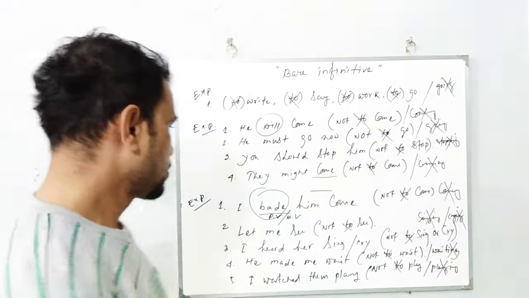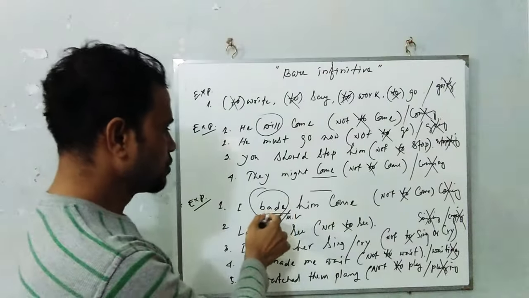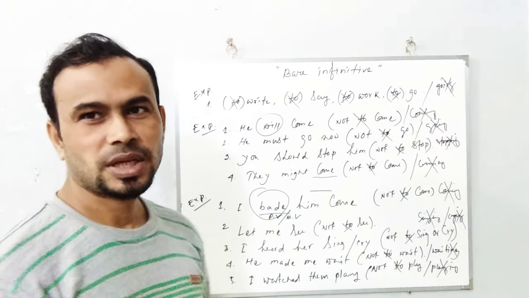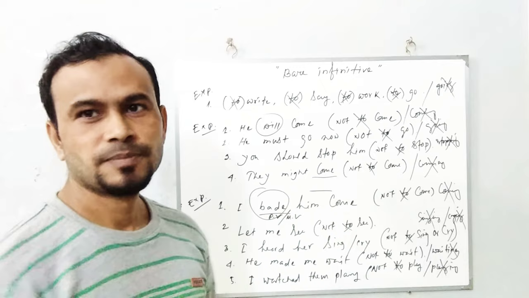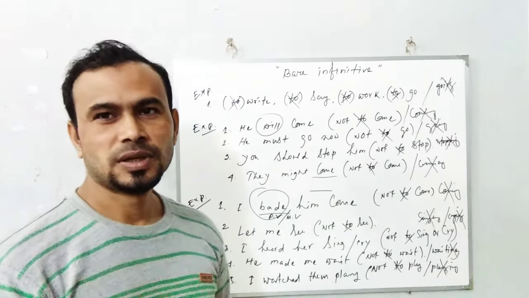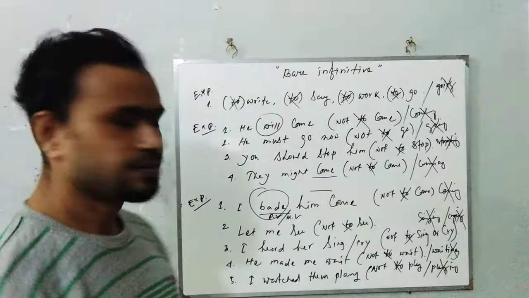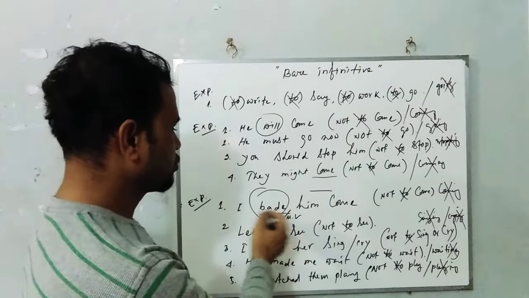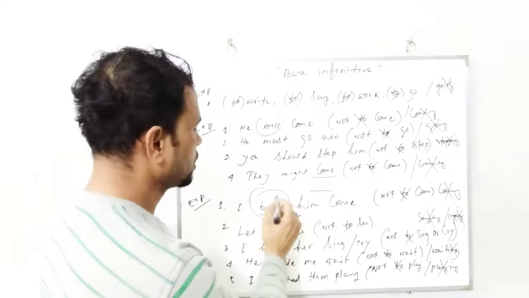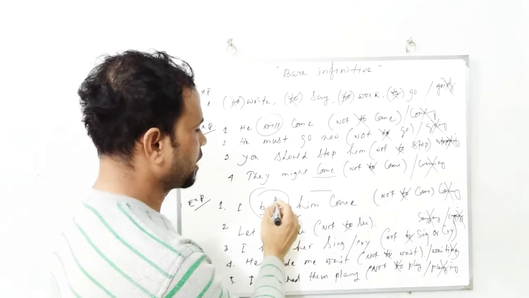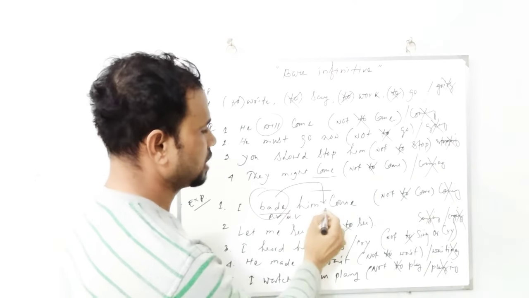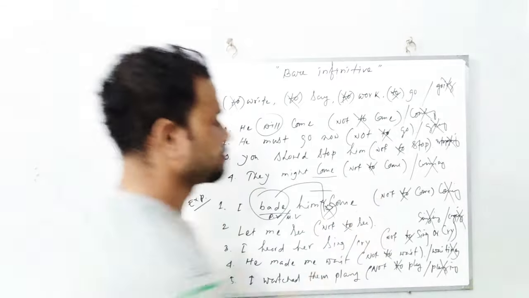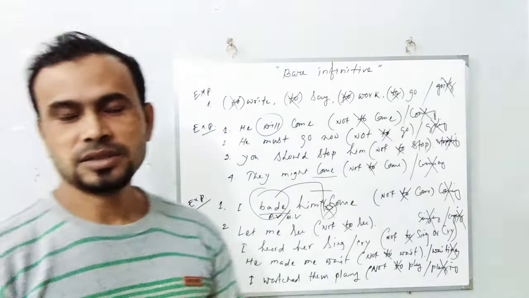In that sense we can use bid, and its past form is bade, and past participle form is bidden. So here the past form bade, I have mentioned here: I bade him come. Here bade is the main verb, so you cannot use "to" here, not "to come".